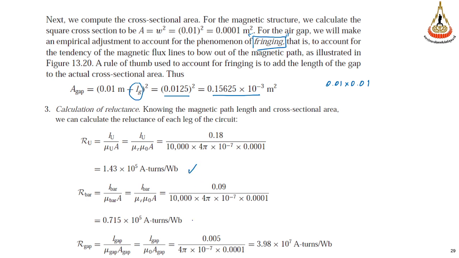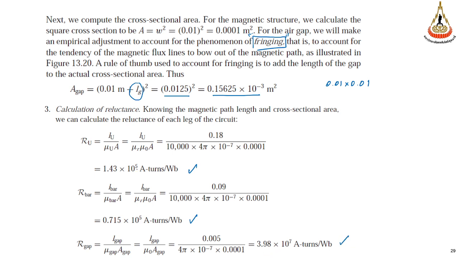And for the air gap, even though the length is very small, the gap is just only 0.005, but the permeability is very low here, right? Then we get 3.98 multiplied by 10 to the power 7.